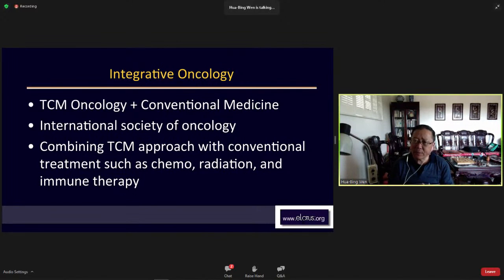Number two, in conventional medicine, and especially in oncology, most of the oncologists are not familiar with herbs. With acupuncture, it's actually a different story.